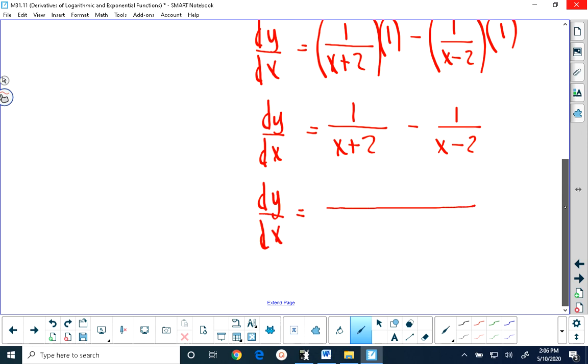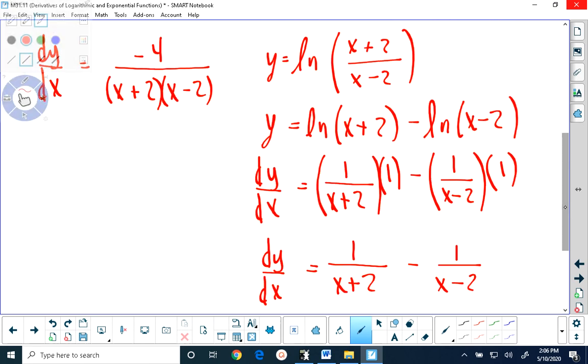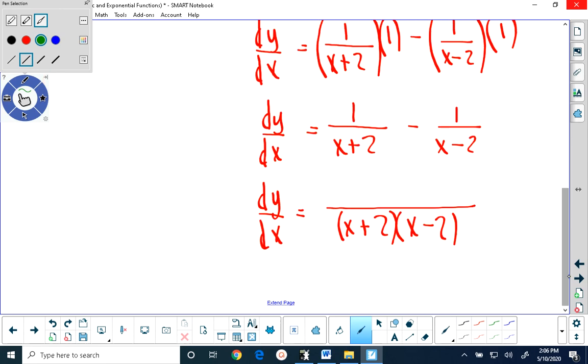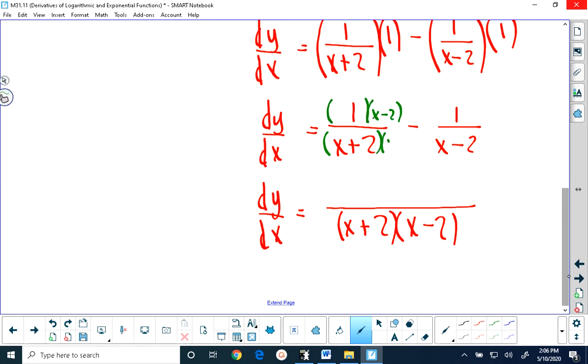Two rational expressions like this would have a common denominator that's the product of them. What that would entail in converting them to that new denominator is that I would have to multiply the numerator and denominator here by x - 2, and I would have to multiply the numerator and denominator here by x + 2.